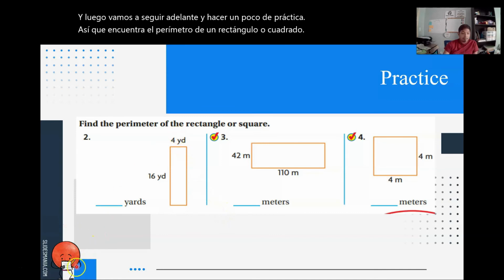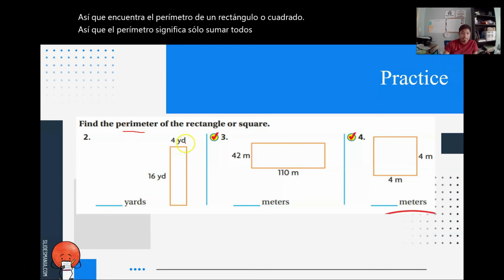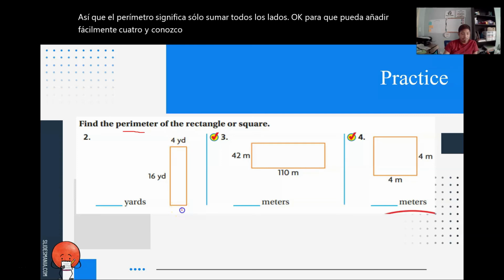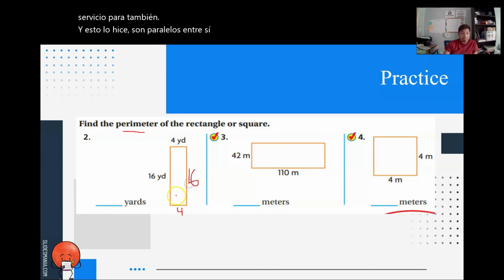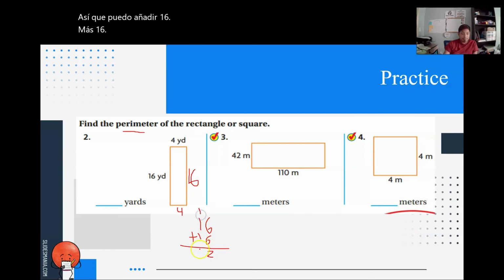So here, perimeter means to just add up all the sides. Okay, so I can just easily add 4, and I know this side and this side are parallel to each other, so that means this side is 4 as well. And this side and this side are parallel to each other, so that means this is 16. So I can add 16 plus 16, that's 32.